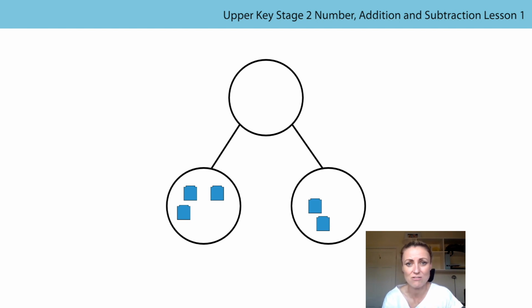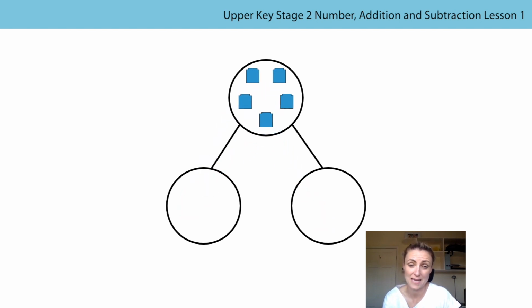So that's increased by 1. I've still got 5, but my addends are no longer 4 and 1. My addends are now 3 and 2. And that's proving, with that last animation, that I still have the total of 5. The sum has been conserved. That's still 5.